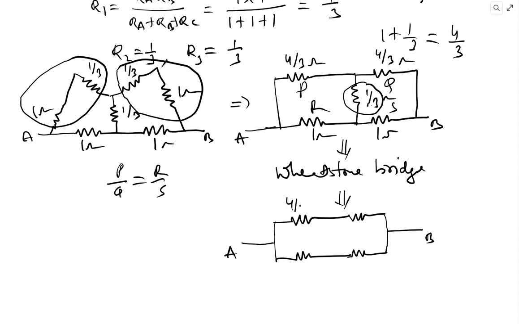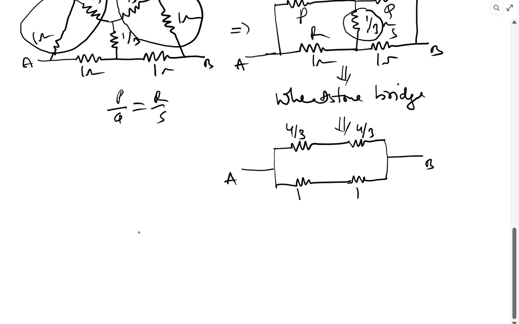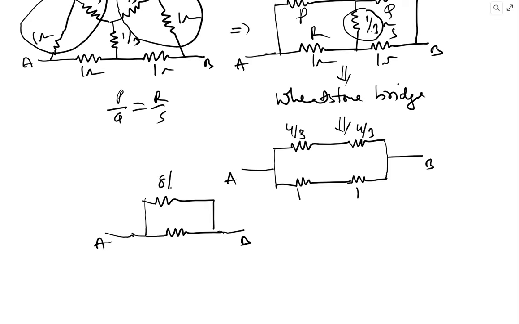So this is 4 by 3, this is 4 by 3, this is 1, this is 1. These two are in series, becomes 8 by 3, and these two are in series, becomes 1 plus 1, 2. And now the figure becomes like this here. Between A and B, this is 8 by 3, this is 2. And 8 by 3 and 2 are now parallel.